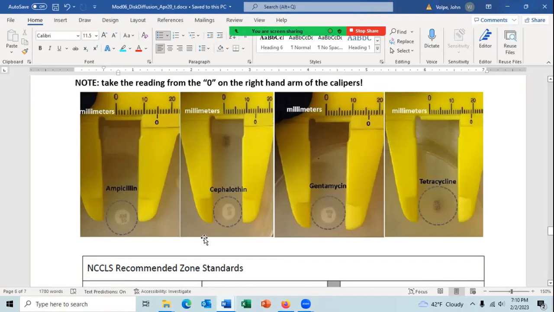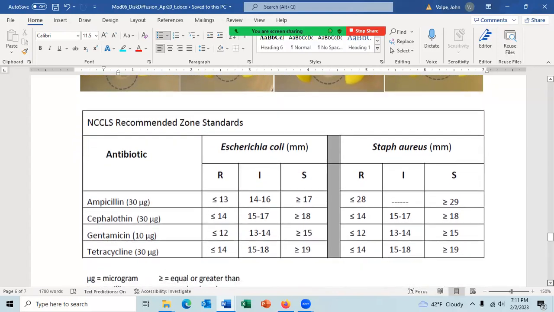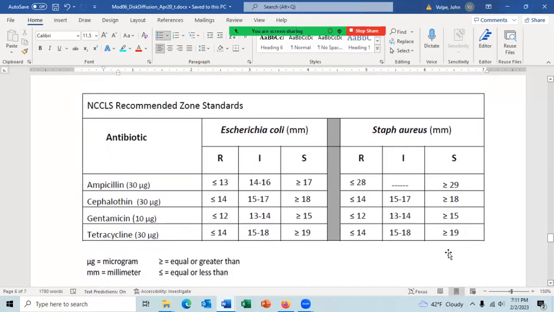This is E. coli for the zone of inhibition occurring with ampicillin, cephalothin, gentamicin, and tetracycline. And then you compare those measurements to the NCCLS recommended standards.